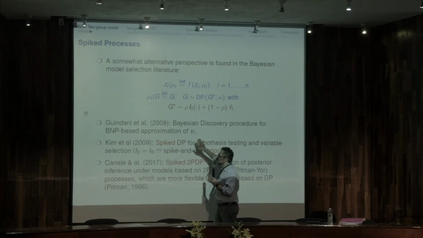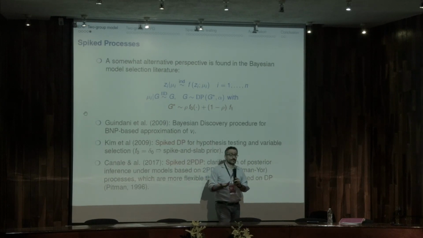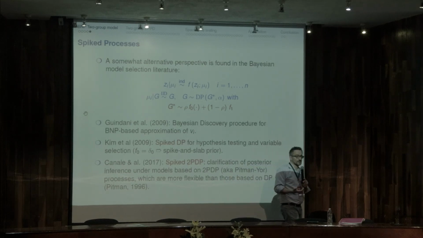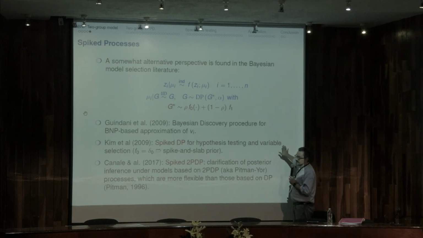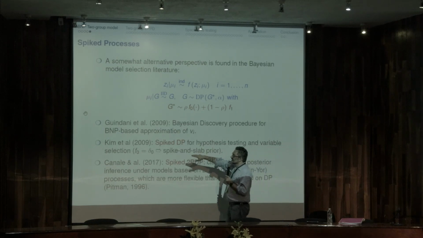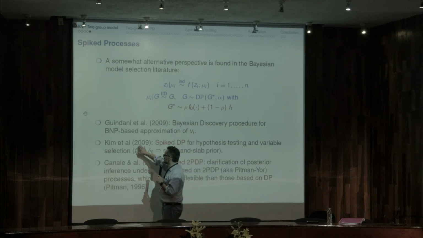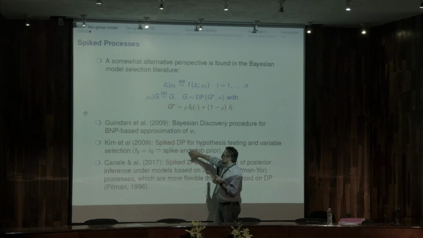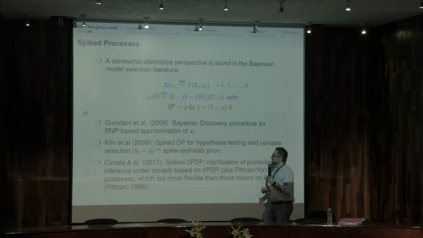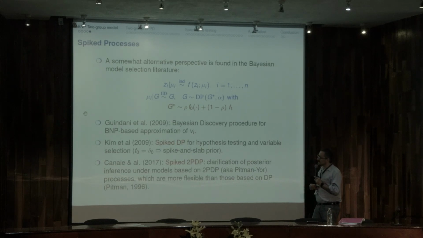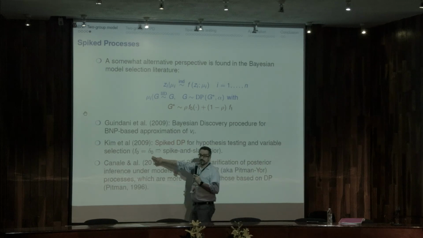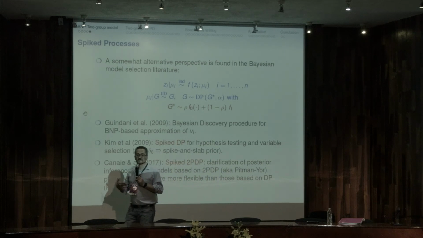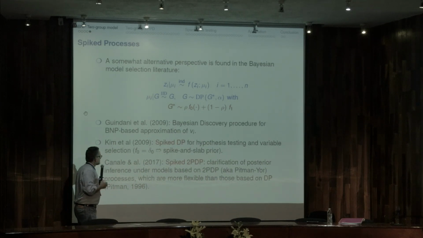In the literature, this type of modeling framework is also very popular. It was popularized in the Bayesian model selection literature by a work by Kim, Marina Vannucci, and David Dahl in 2009. They define a spike Dirichlet process for hypothesis testing and variable selection. In this case, they assume F0 simply being a point mass at 0, and this is what they call the spike slab Dirichlet process prior.